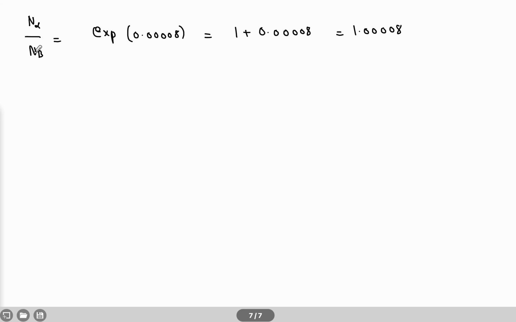Now once you know n alpha by n beta, and you know that n alpha plus n beta is 1, you can assume it to be, because that will be the total population. So you can calculate n alpha, which will come out to be roughly 50.